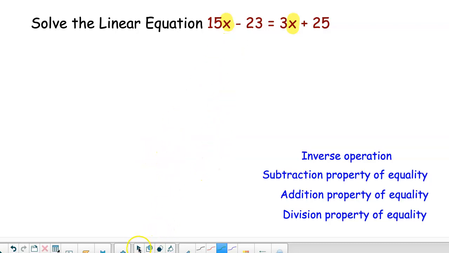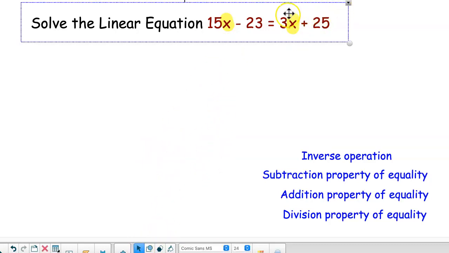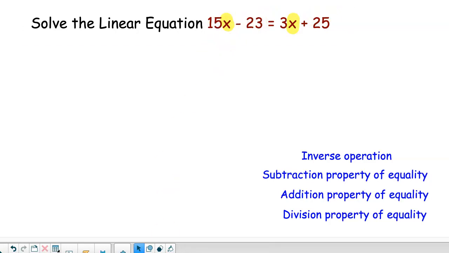So we have 5x minus 23 is equal to 3x plus 25.